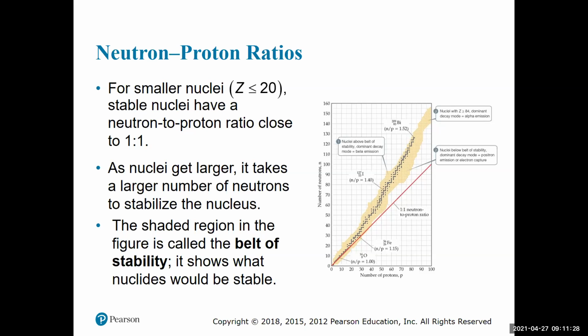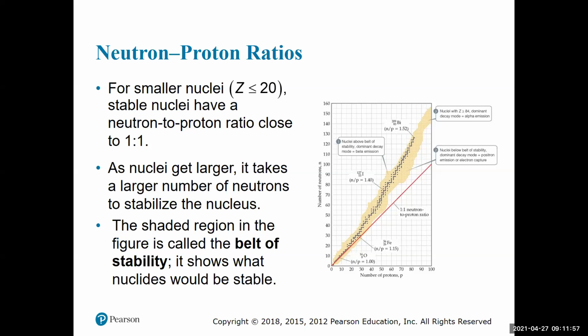So the key is, if you're along the black line within that yellow stuff, then things are okay. If you're above it or below it, you've got something going on, all right? And down at the very bottom, we were pretty much on that line. The belt of stability was overlapping with our 1-to-1 ratio.